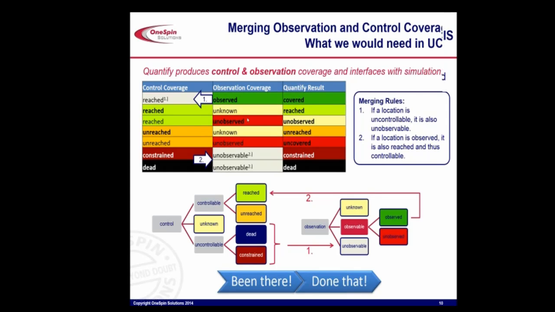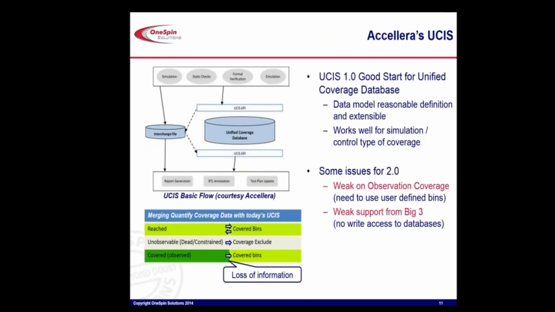Now, how does it work right now? UCIS is a good start and a really good idea. It has a reasonable definition and is also extensible, and it works well for simulation and control type of coverage. What we can do today is we can, of course, take the reached locations. I take the same color coding as on my table before, and that directly translates to coverage bins, in this case statement scopes.